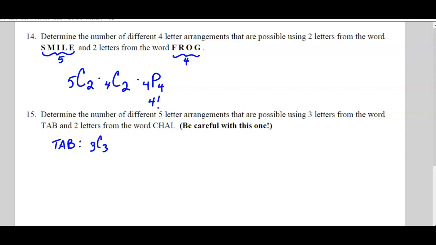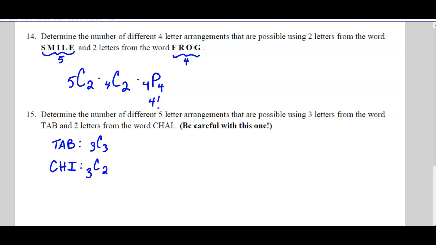Then from chalk, I'm just going to use C, H, L. All 3 there are non-A's, that's 3 letters, and I'm choosing 2 of them.